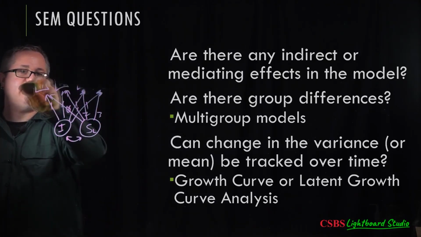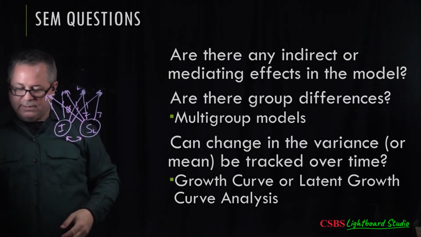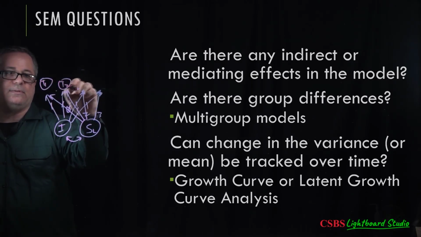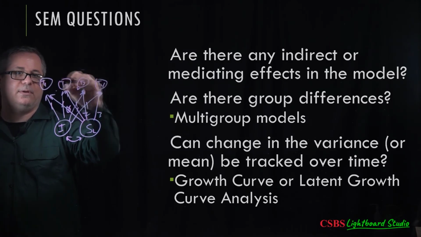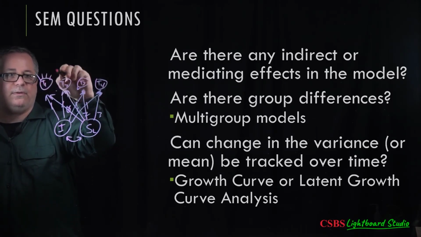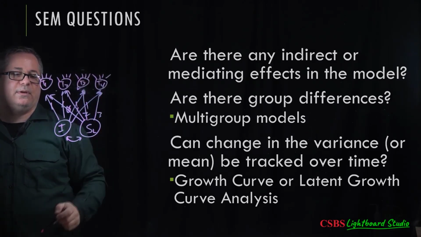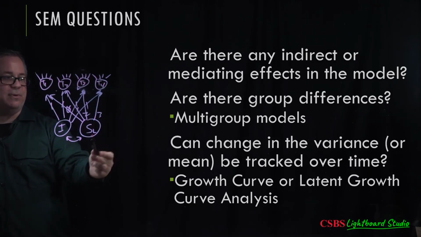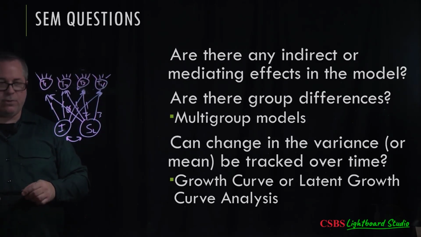This isn't stated in the slide, but just for fun, these instead could be latent variables at time 1, time 2, time 3, time 4, with their individual indicators, the individual items up here. And if I do that, this becomes a latent variable, latent growth curve model. So I get latent twice. Latent variable, latent growth.